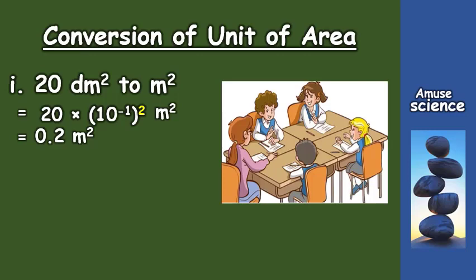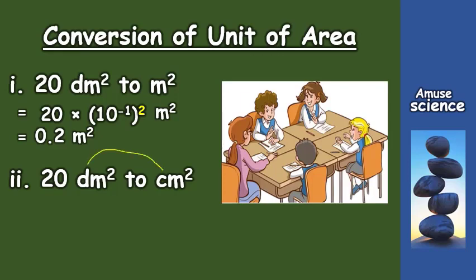The second is asking us to convert 20 decimeter squared to centimeter squared. So here we are going to do two things. We are going to first of all convert to meter squared and then convert to centimeter squared. So like we said in our previous video, changing 20 decimeter squared to centimeter squared basically means that you are supposed to remove the deci and replace it with a centi, so that we are going to get our final answer in centimeter squared.